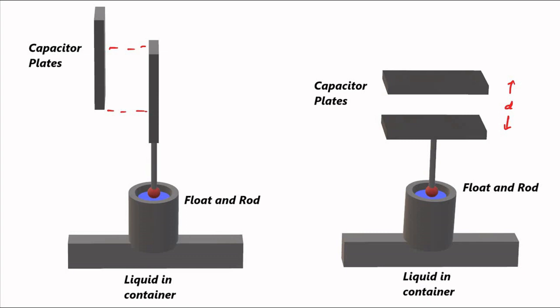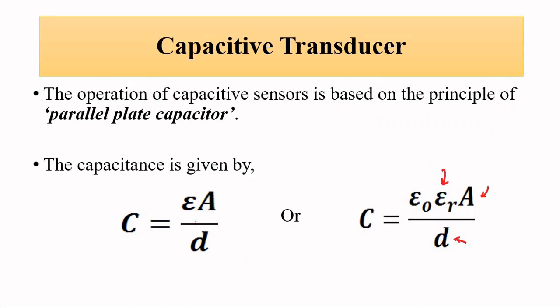Here capacitance is inversely proportional to the separation gap. So as the separation gap increases, capacitance decreases, and as it decreases, the capacitance increases. Inverse relationship.